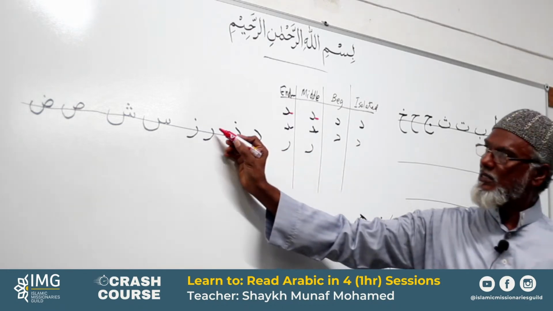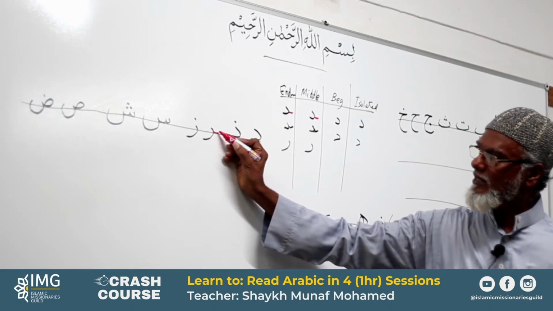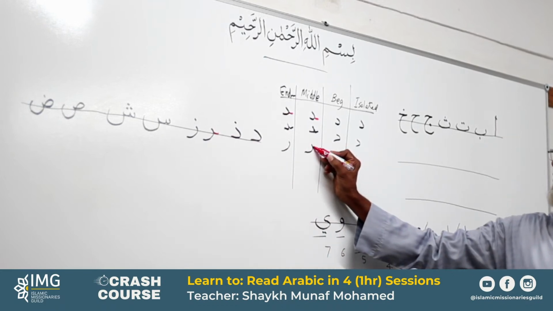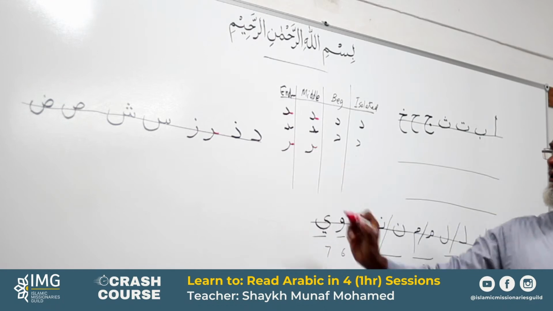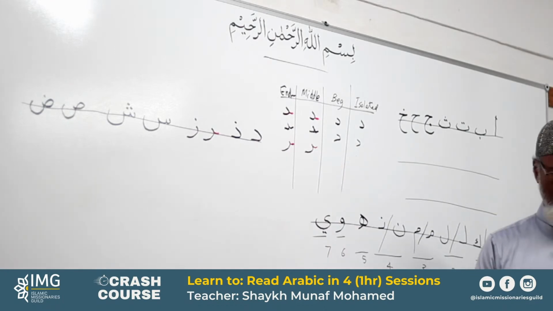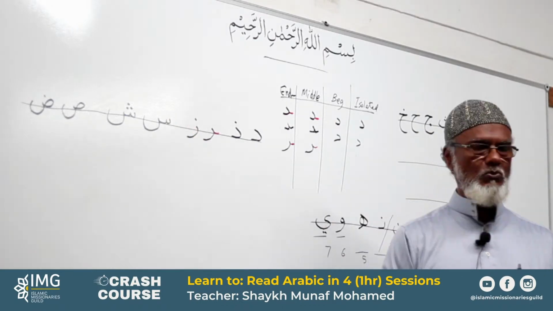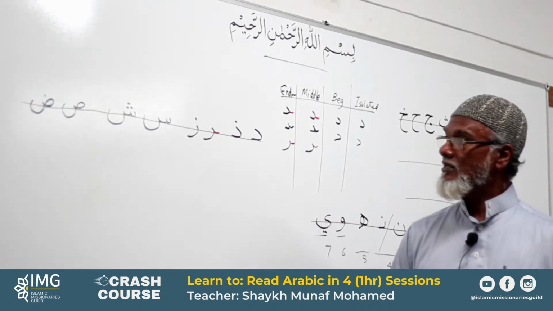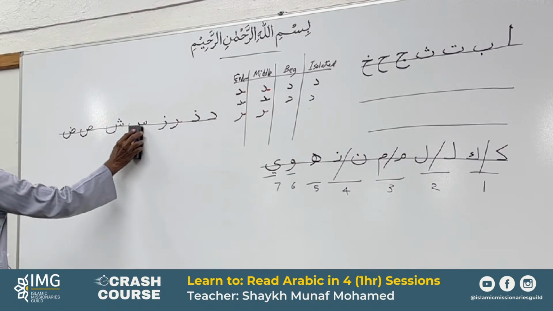Remember the part that is above the line? I told you one third is above the line, so it's right here. And that's ra, the letter ra. For the letters sin and shin, all we need is the head. That's what we're going to maintain. So for sin and shin, we're taking away this part here.